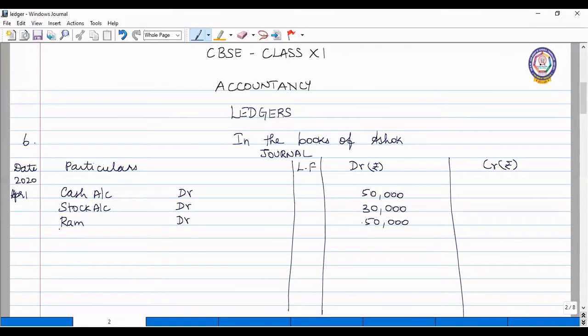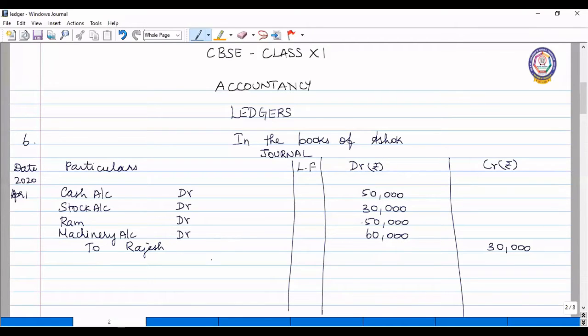Next machinery debit 60,000. And now coming to the liabilities, we have a creditor named Rajesh, rupees 30,000. Now only this much is the opening balance given.